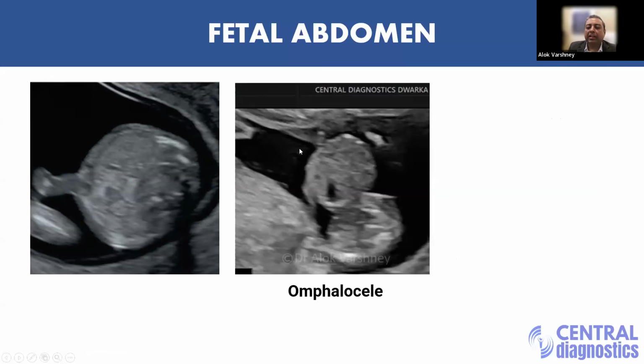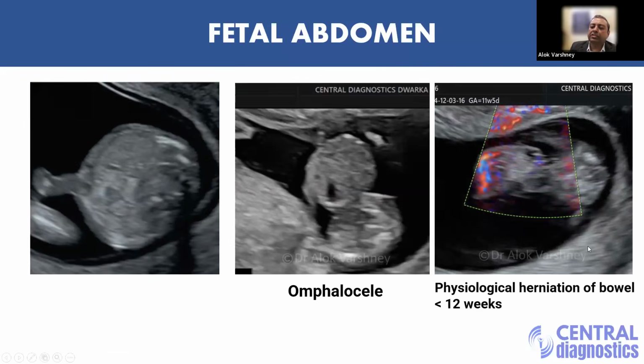So this again is a very typical example. We see something protruding from the abdominal wall in the region of the umbilicus. This is the case we've already seen, omphalocele, which can be very easily picked up in the sagittal plane when we are taking the CRL. But something like this will be difficult to pick up when we are taking the CRL plane, the sagittal plane.